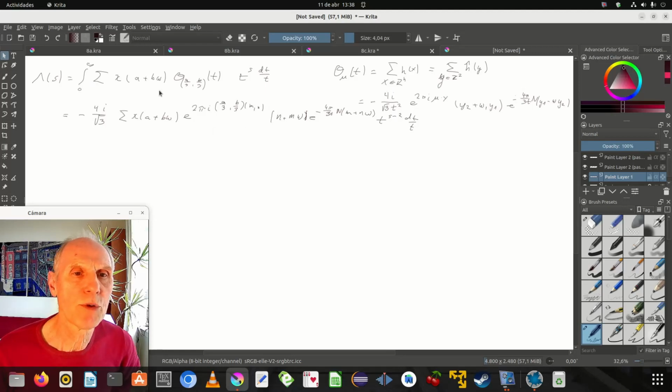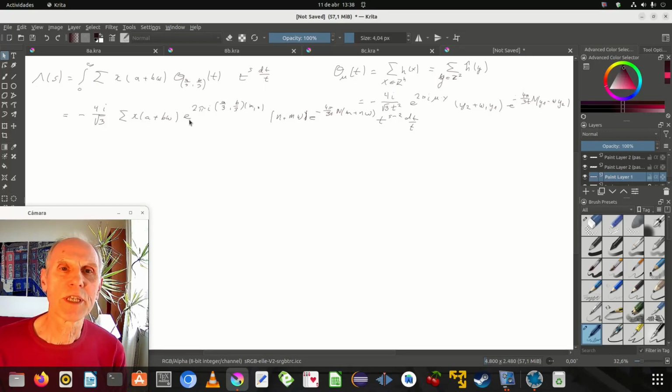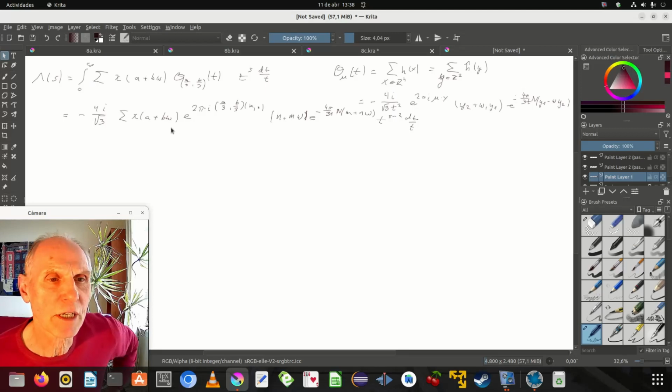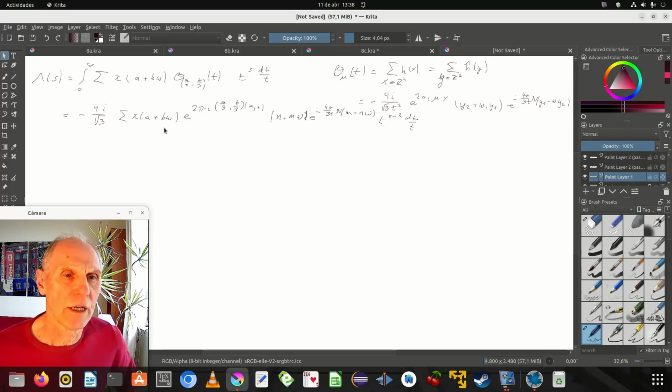So we need to compute this guy. And since we are with a specific curve, it can be done explicitly. And I already did that.